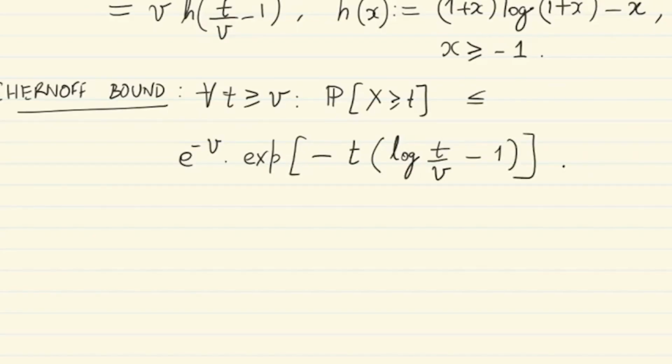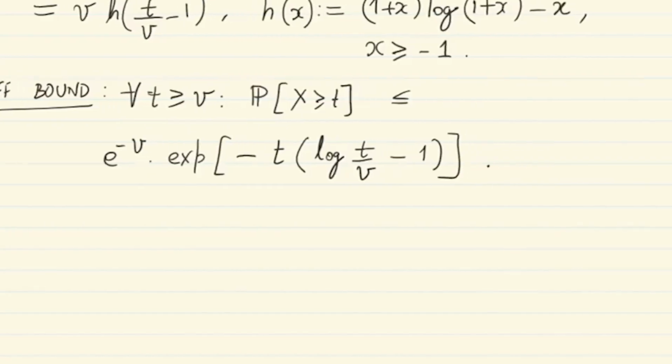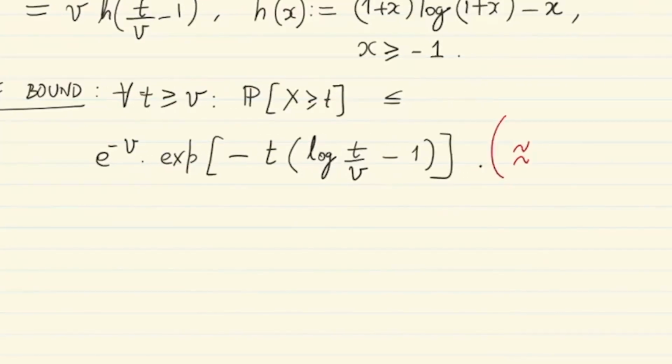So as t becomes larger and larger, this bound essentially goes down as e raised to minus t log t. So this is order wise e raised to minus t log t. You can think of it essentially as having an exponential type tail, slightly heavier than an exponent, slightly lighter than an exponential tail because of the presence of log t that multiplies the t in the exponent.